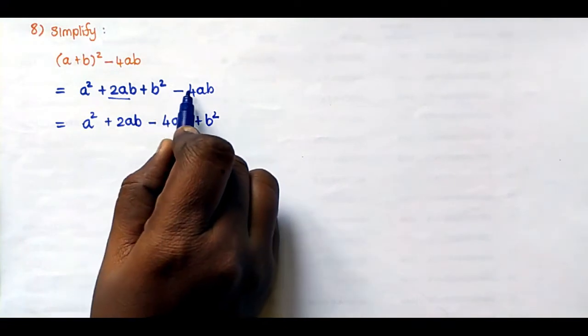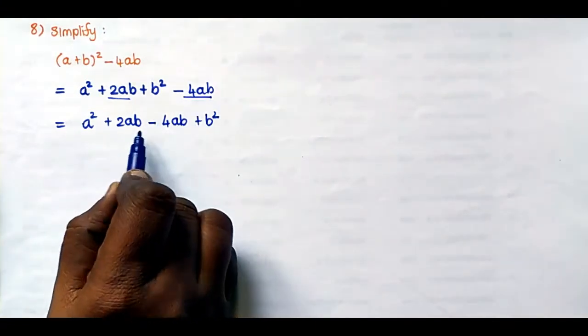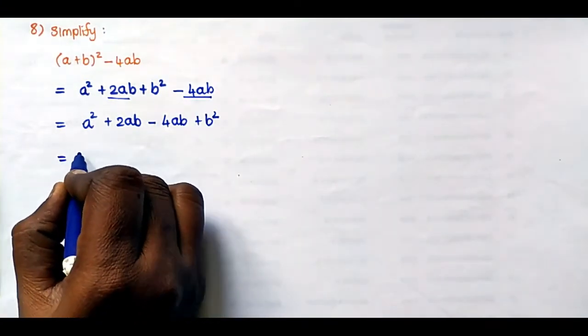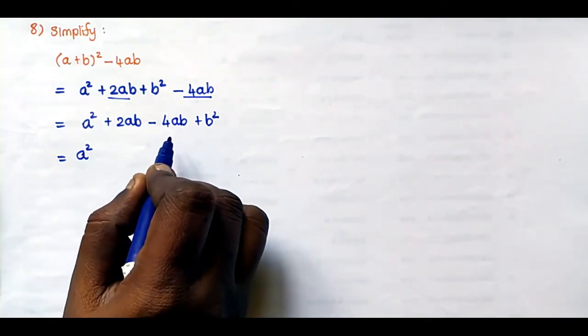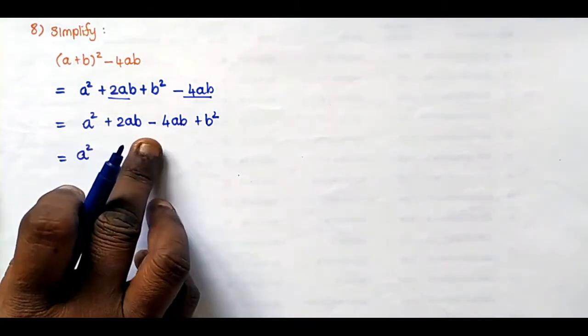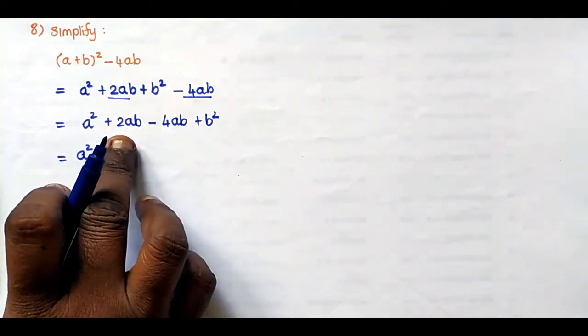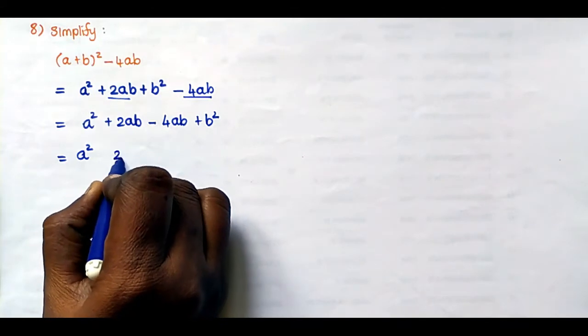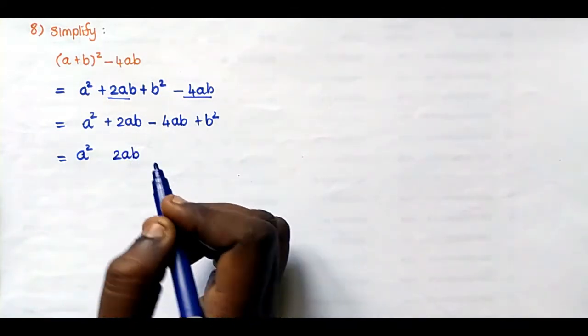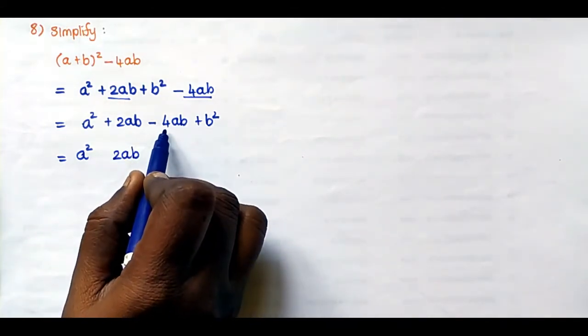Put these two terms here, and then a squared plus 2ab minus 4ab. Different sign, so we have to subtract this one. We get 2ab difference. Which one is greater? That is 4.